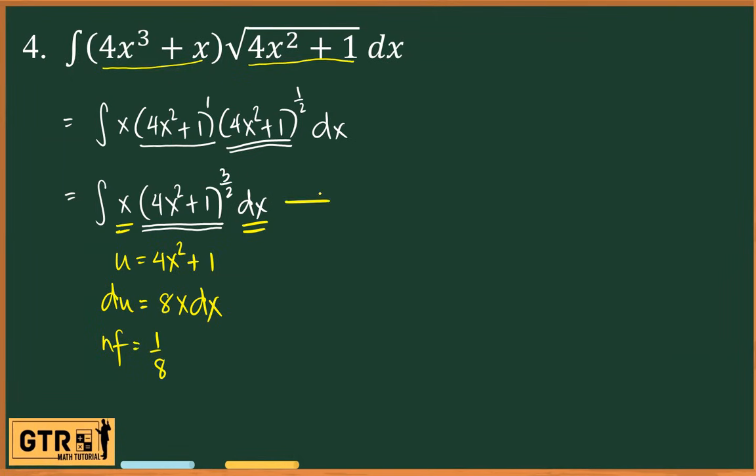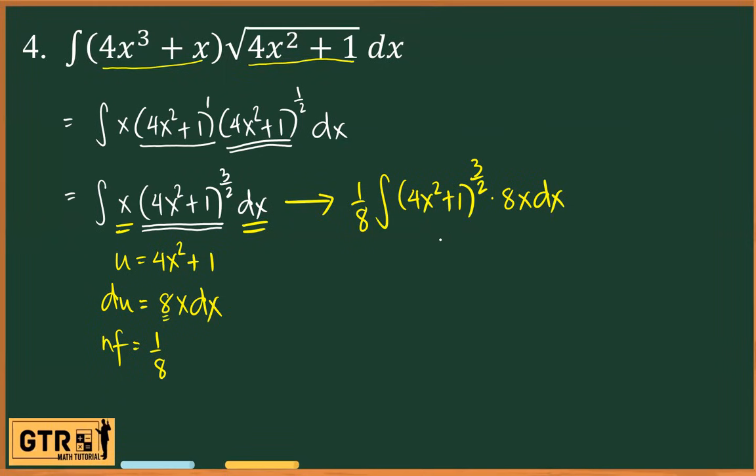So this can be expressed as the neutralizing factor 1/8 integral of 4x squared plus 1, so that is our u, raised to 3/2, and then we have x dx. But we multiply by 8, so we have times 8x dx.